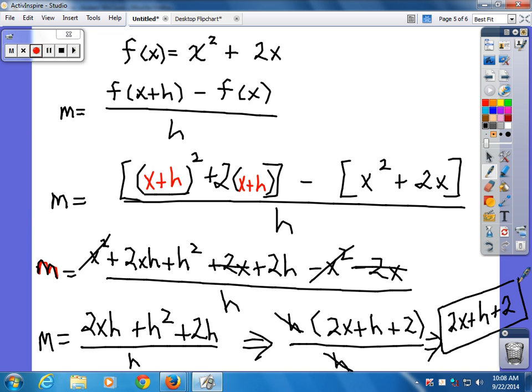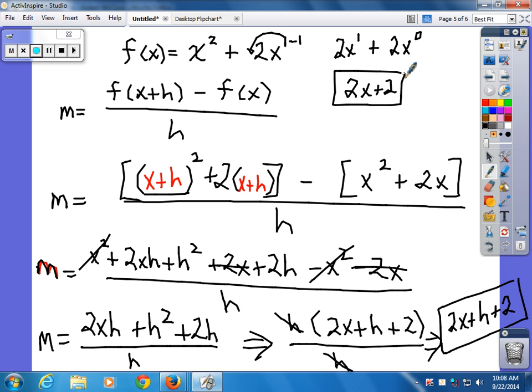And if you were to throw this out front and subtract 1, throw this out front and subtract 1, you would get 2x to the first plus what? 2x to the 0. And what is that? 2x plus 2. And that is your calculus answer that you're going to be building up to in Unit 1. So that's in the future. This is now.